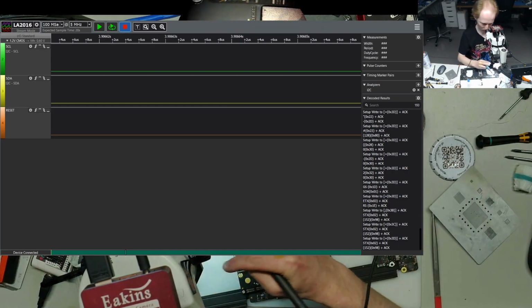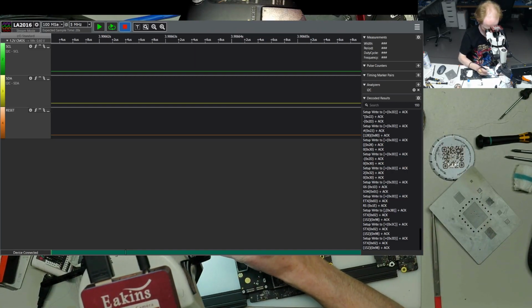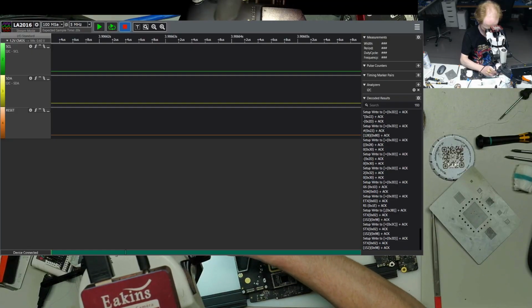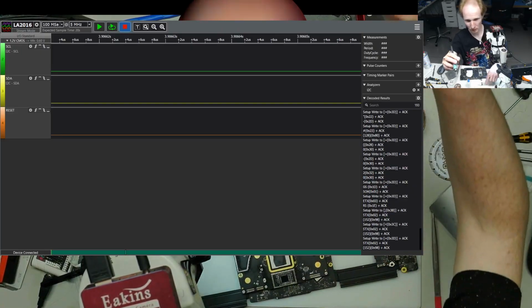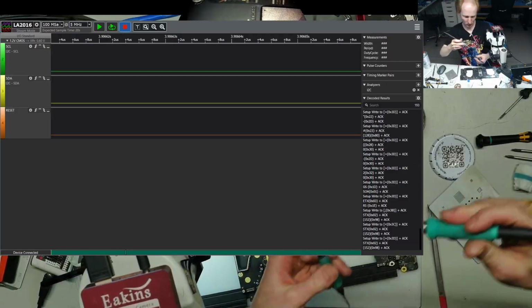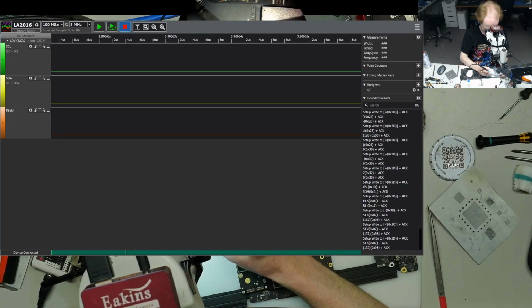Don't want to use hot air here, because this would definitely destroy the connector. So let's just use 2 soldering irons. Okay. Looks nasty.